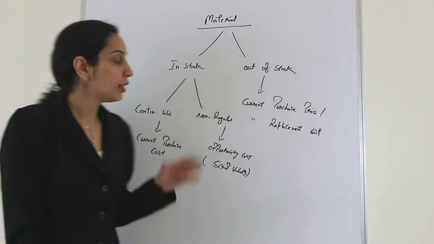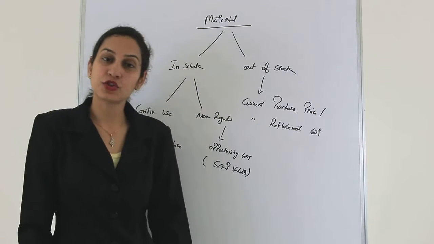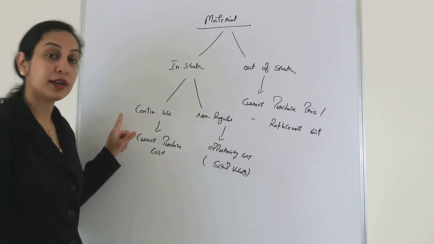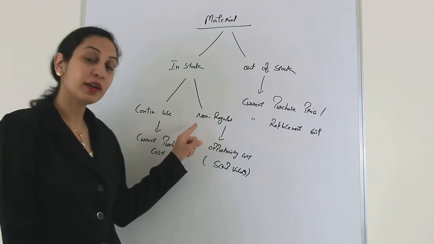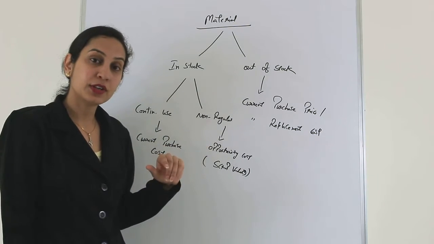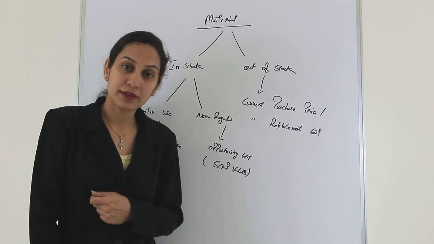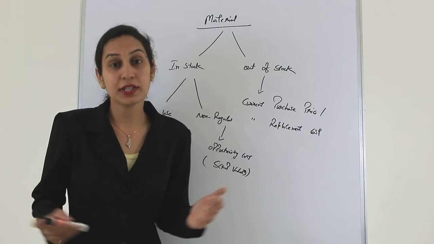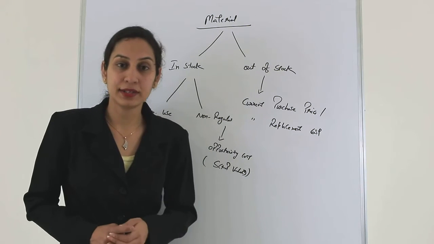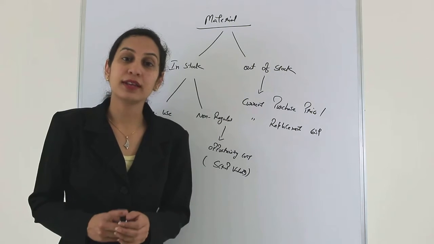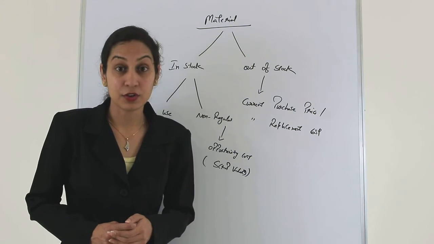The next situation, the goods are already there in stock. Again, there can be two situations. The goods are in regular use, or the goods are not in regular use. If the goods are in regular use, the current purchase price will become relevant cost because all the productions are using the same raw material. It will be finished, it needs to be replenished. That's why the current purchase price is relevant cost.